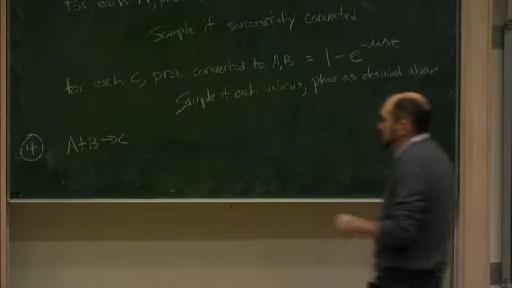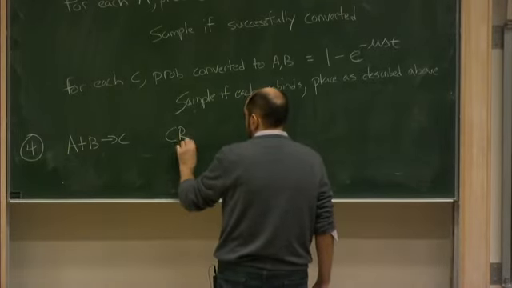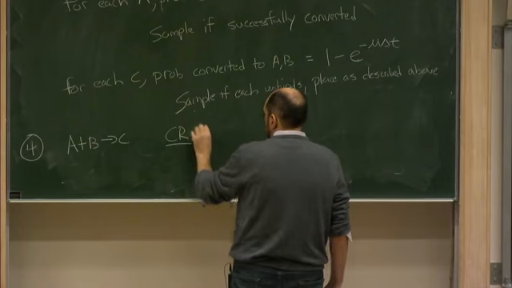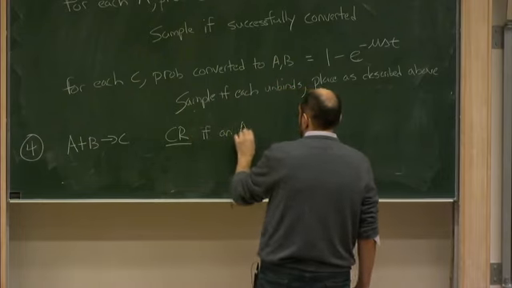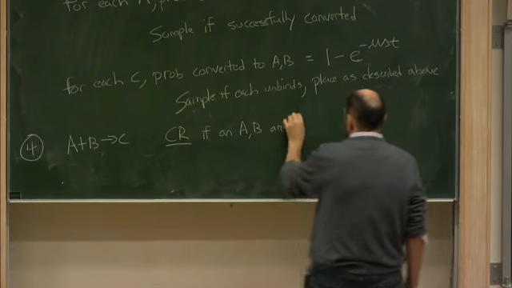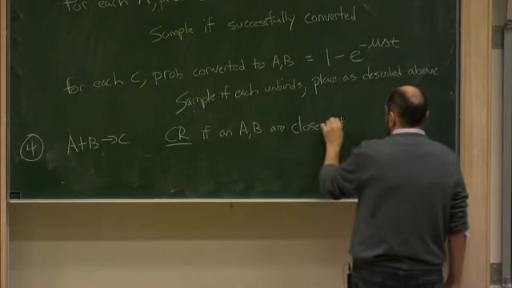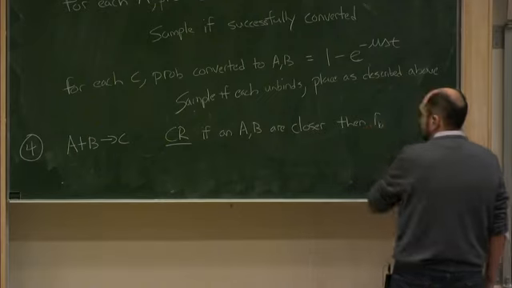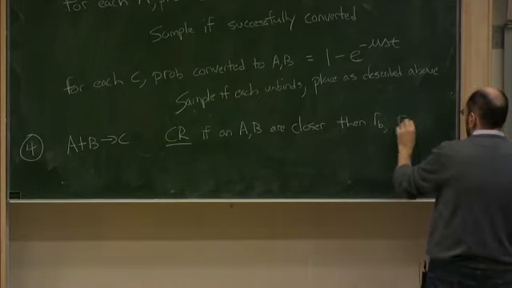Okay? So in the Smoluchowski type approach or the contact reactivity approach, if an A and B are closer than R_B, you react them.